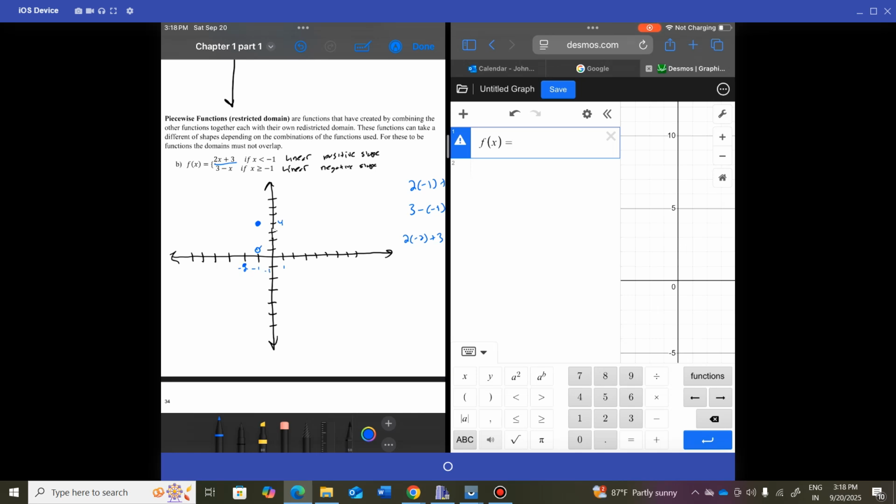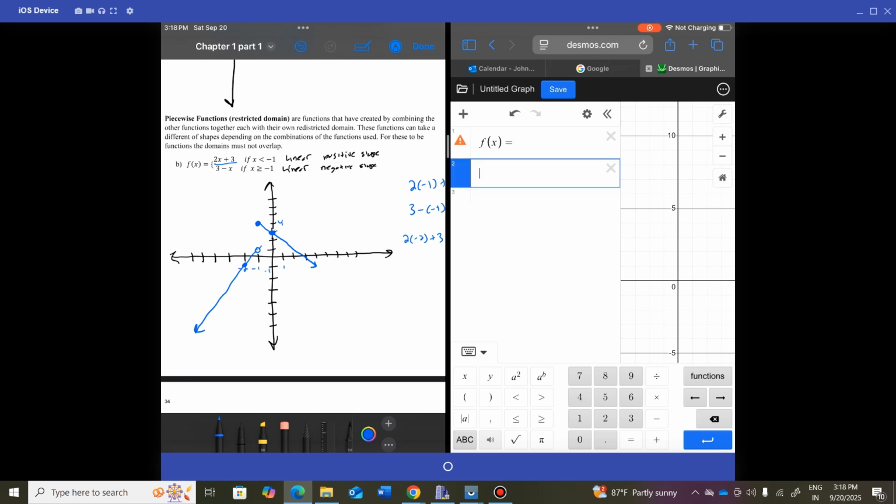It's going to be kind of right on that too. And so we can graph this going down. Right. Then the bottom one, it crosses at 0, 3. So that's the second point. So we can draw this one down. That's your piecewise graph.